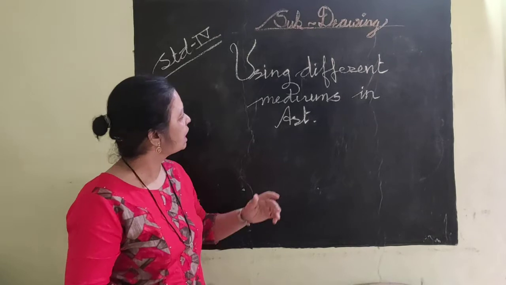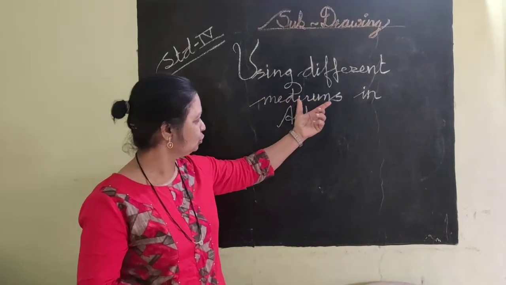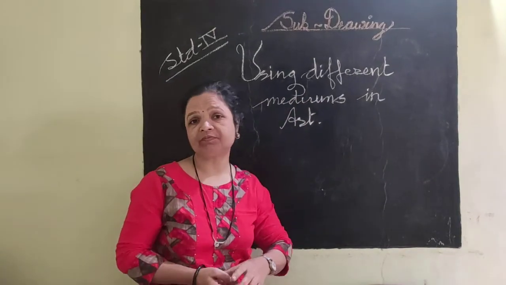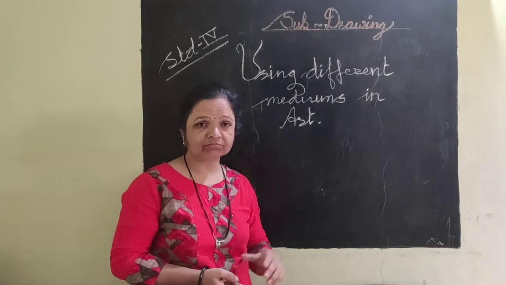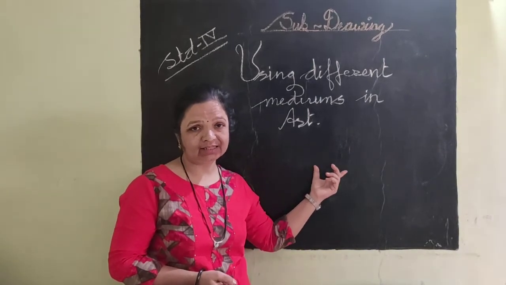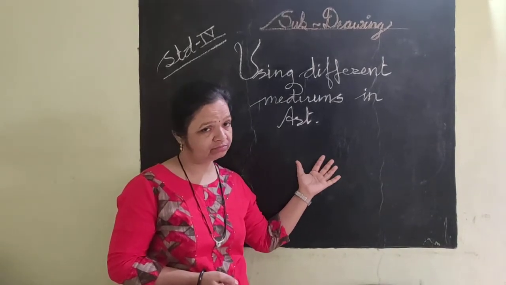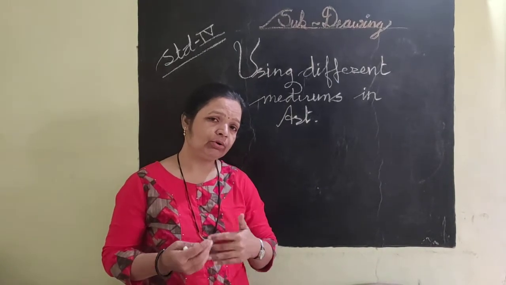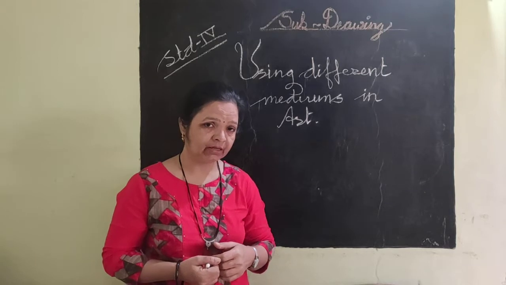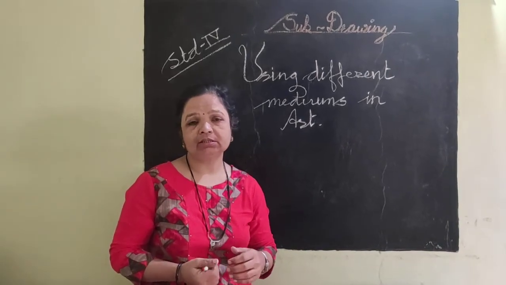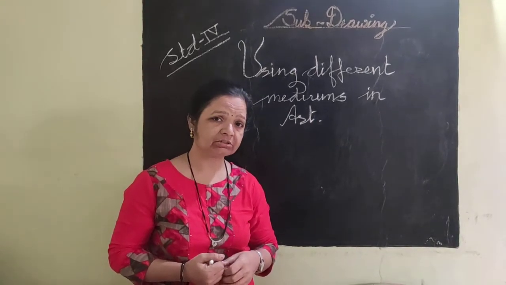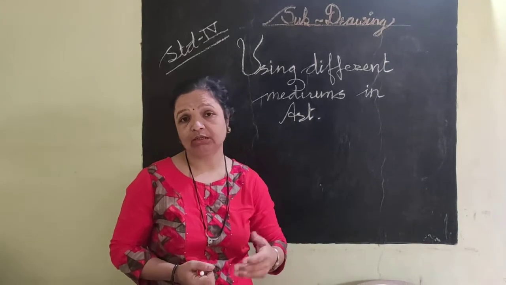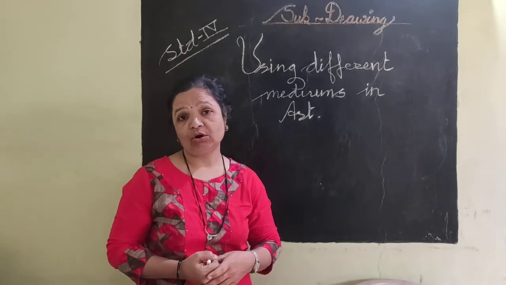In our 4th standard class, today we are going to use different types of paints, thin lines, thick lines, broad lines, and different line patterns. We are going to learn more and more designs. We call them, in today's language, doodle art, and in olden language we can call them folk arts.